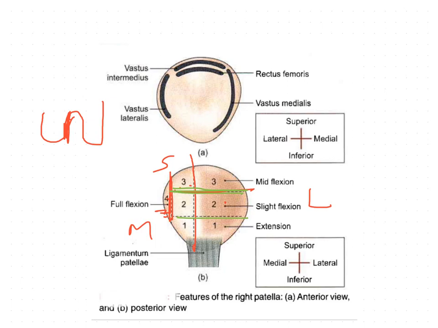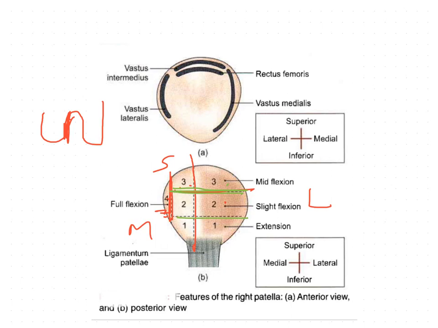Okay, so how these facets are going to articulate in different phases of movements of the knee, now we will see. So the lowermost we can call the first pair, the middle the second pair, and the uppermost part the third pair.